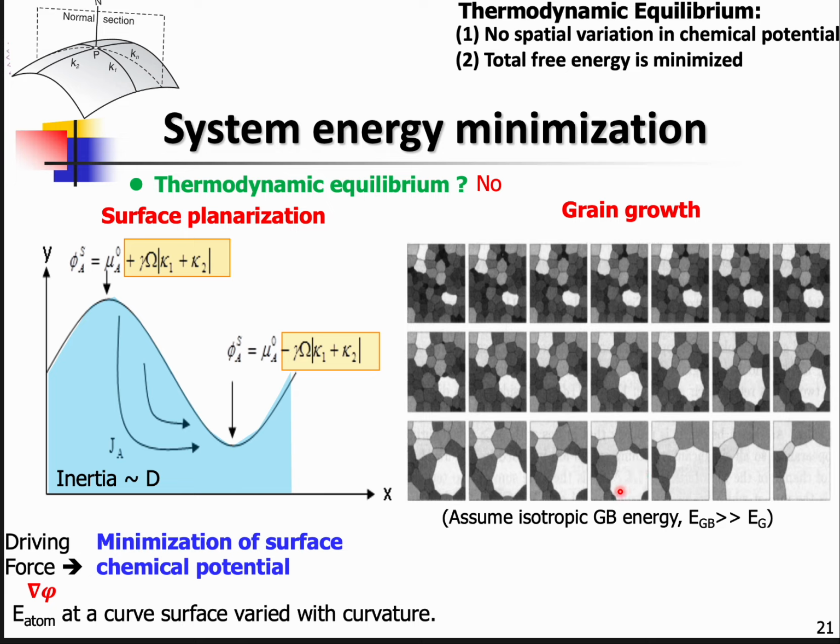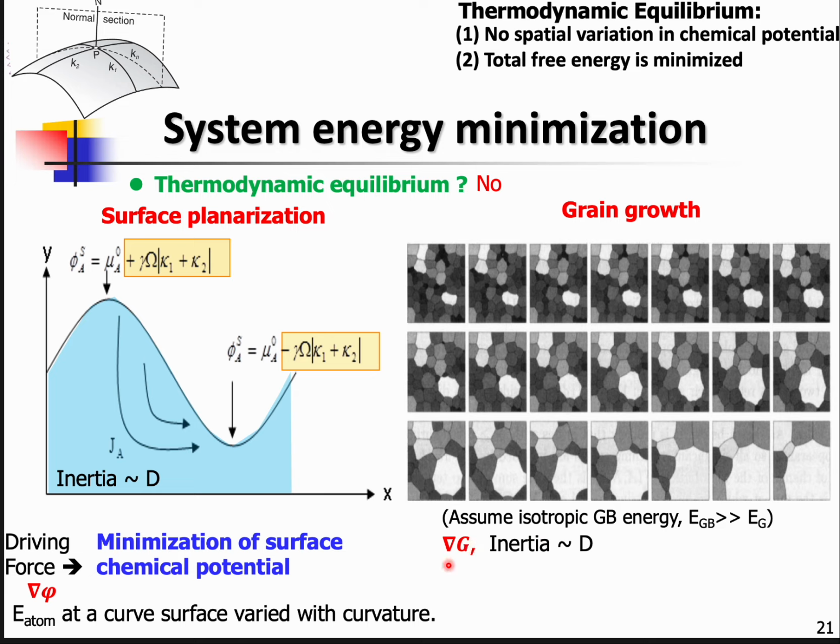So the energy of the grain boundary is larger than that in the grain, right? In this case you observe the energy difference: the grain boundary has a higher energy, and the grain has a lower energy. So there is definitely a spatial variation in energy.